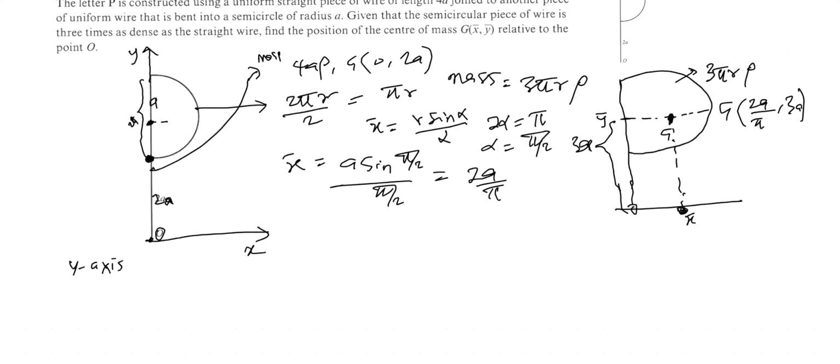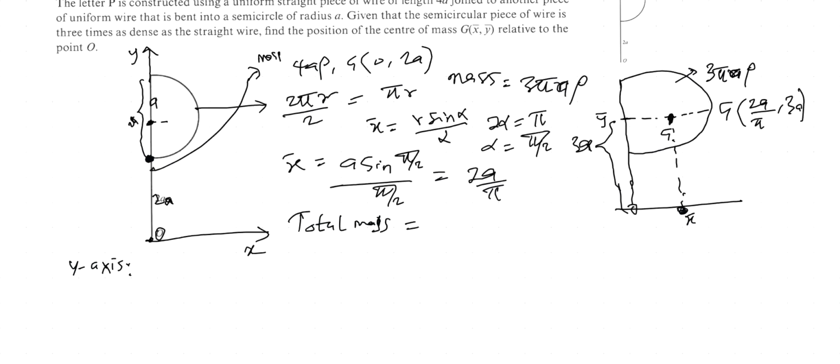Before we do this, we need to know the total mass. The total mass is equal to the mass of the straight wire, which is 4a rho, plus the curve. The radius is a, so let's change this r to a.